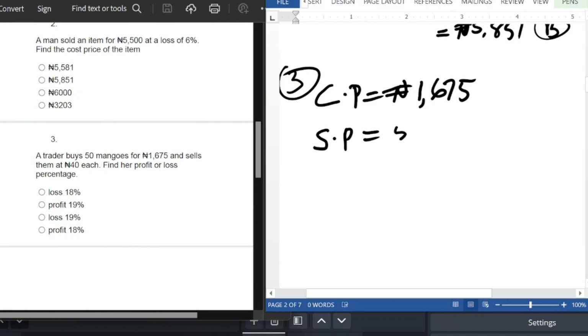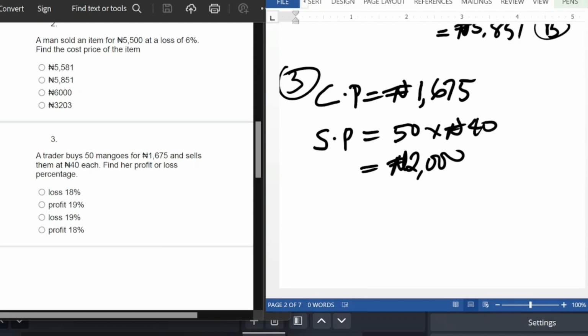That means we have 50 multiplied by 40 naira, right? So that gives us 2,000 naira. We now compare the cost price and the selling price. From here, the selling price is more than the cost price.